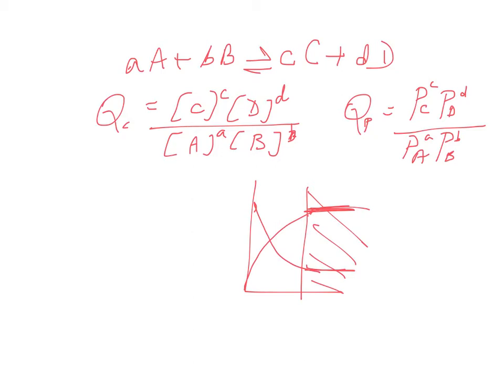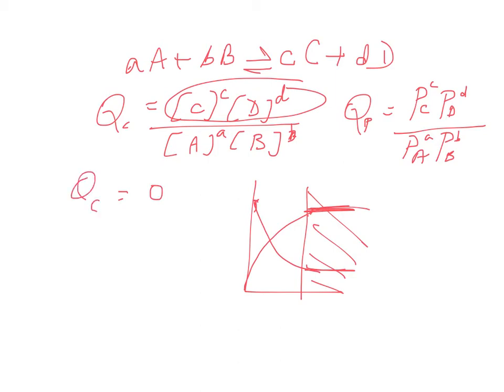Why? Because the reaction has just started, and so the concentration of products has not quite built up yet, and so the numerator here is 0. So you would say QC is 0 at the beginning of the reaction.